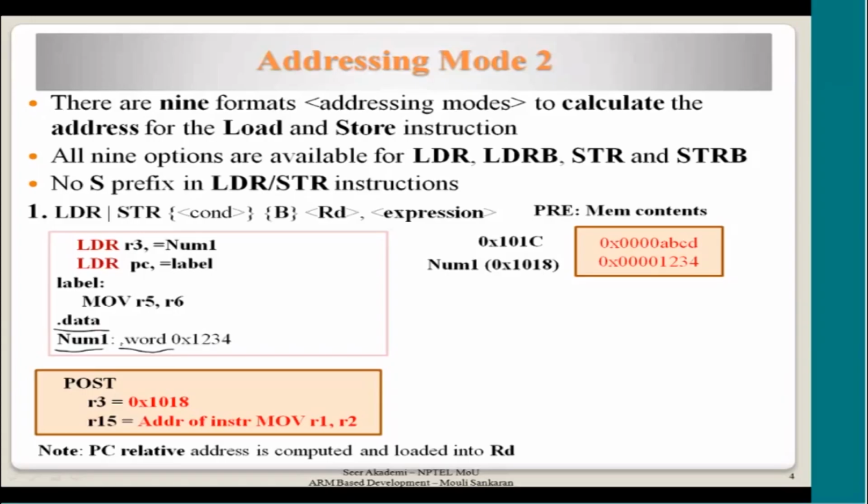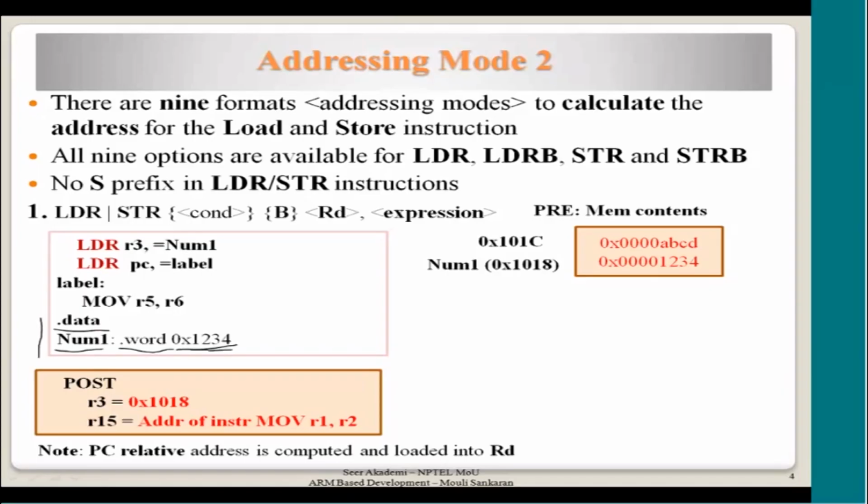So .word says that it is a 32-bit value and the initialized value is this. Now what does the assembler do? It actually allocates a space somewhere in the memory and then loads it with this value.